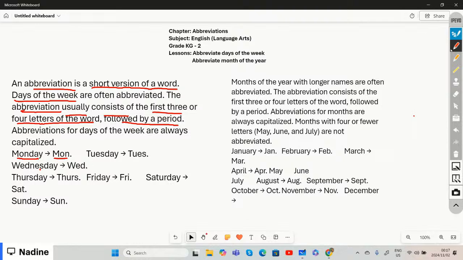So Monday, if we shorten Monday, it is the first three letters. Yes, well done.